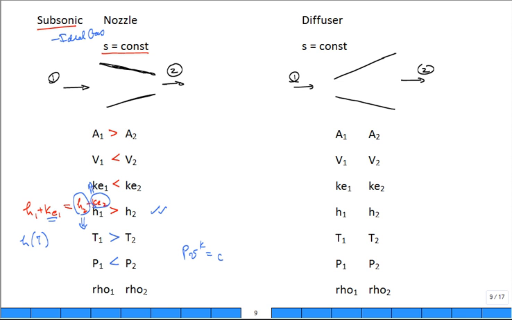Let's say this one, that P2 divided by P1 is equal to T2 over T1 to the power K over K minus 1. S is equal to a constant. Temperature and pressure are related.